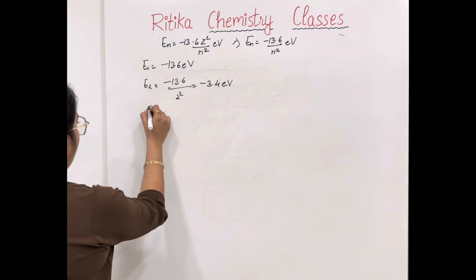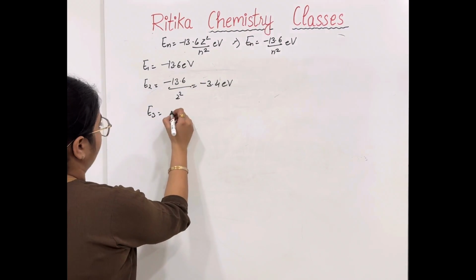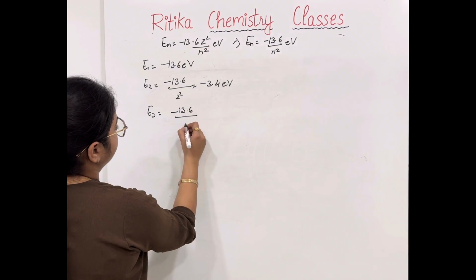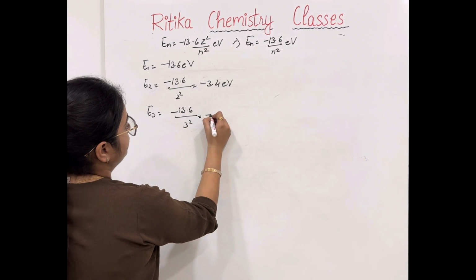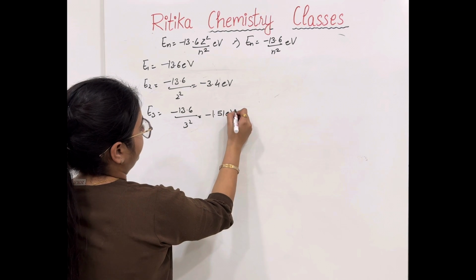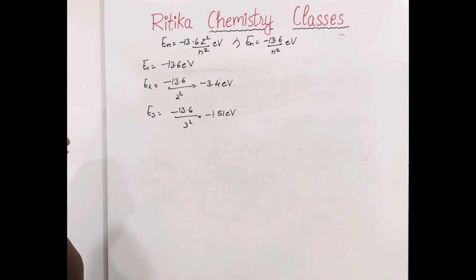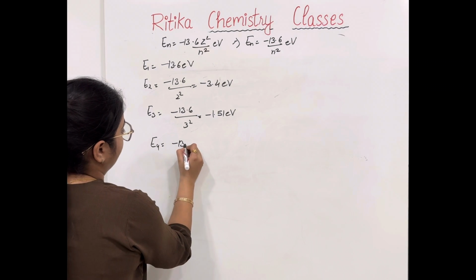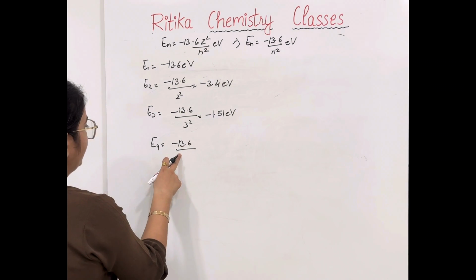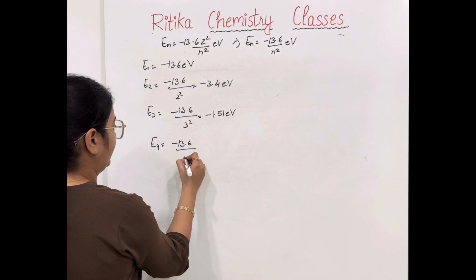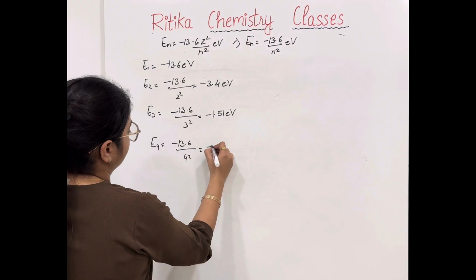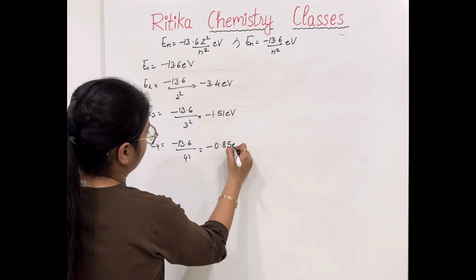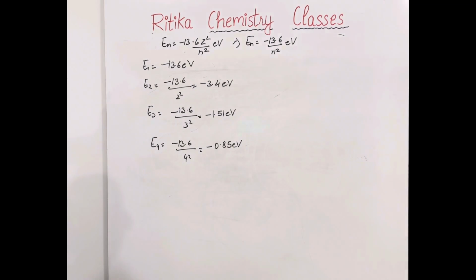electron volt. For n equals 3, it will be minus 13.6 upon 3 square, which is equal to minus 1.51 electron volt. Similarly, for n equals 4, we get E4 equals minus 13.6 divided by 4 square, which is equal to minus 0.85 electron volt.